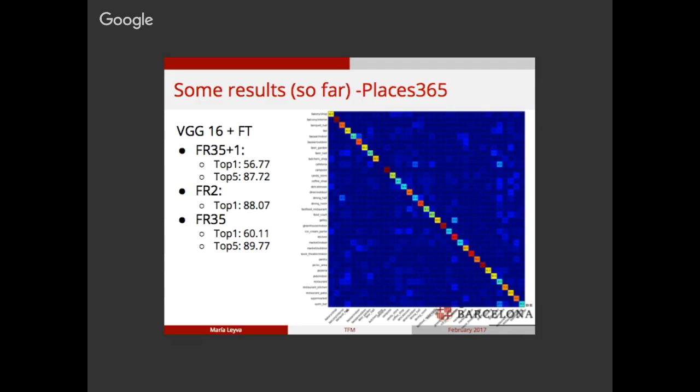I am having trouble with one cluster called cafeteria, which is very, very heterogeneous, and I don't classify it very well. With only food-related classes, which is FR35, I get a slightly better accuracy, but not much. So the problem here is not distinguishing food from no food, but among the food-related categories.